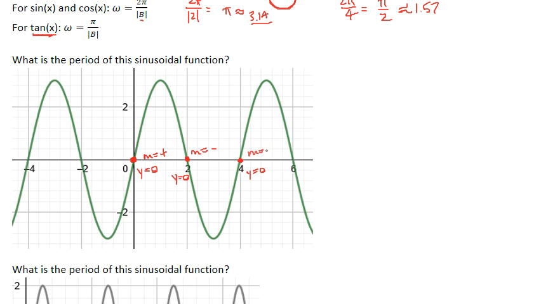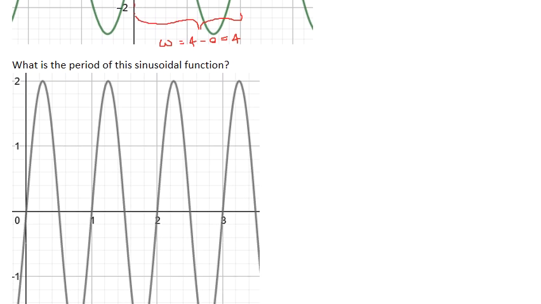And in this case, the slope is positive, just like the original. So my period is from 0 to 4. So 4 minus 0, which of course is 4, and that equals the period. All right? It's that simple, guys.